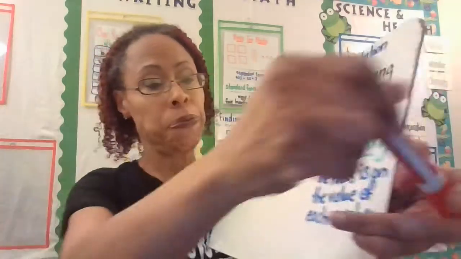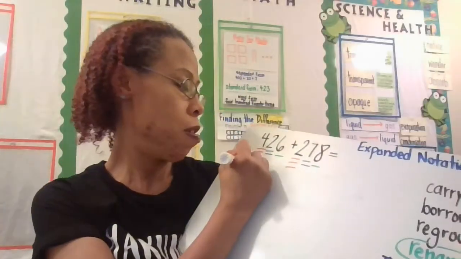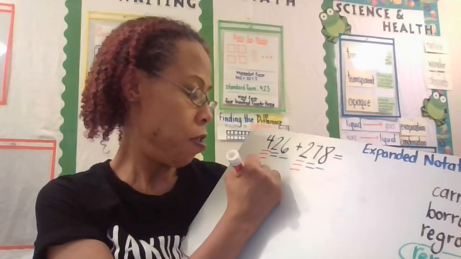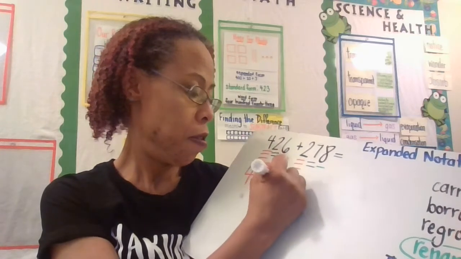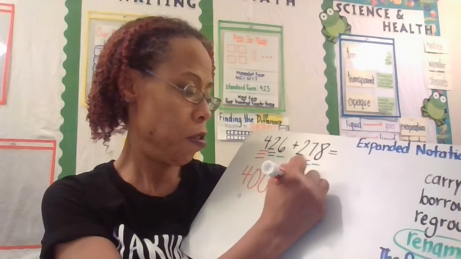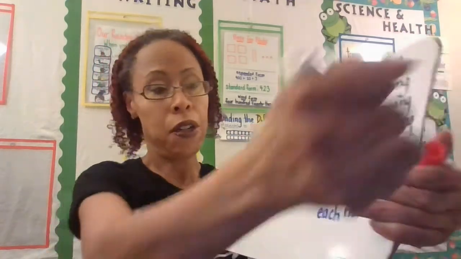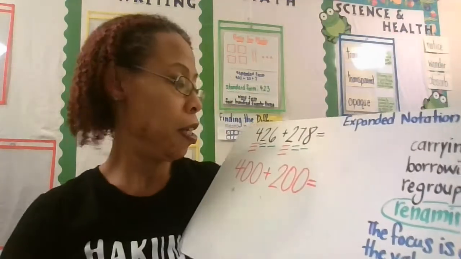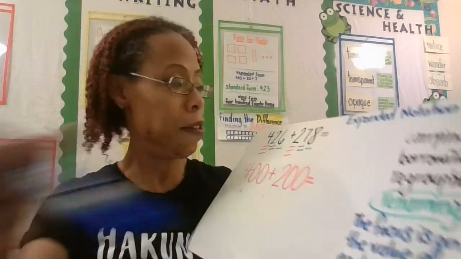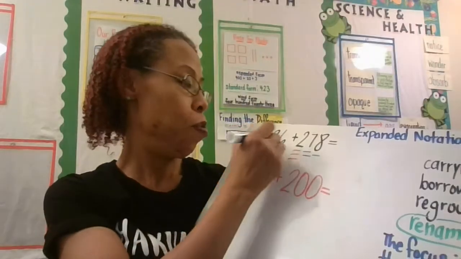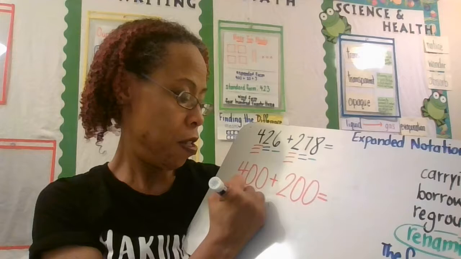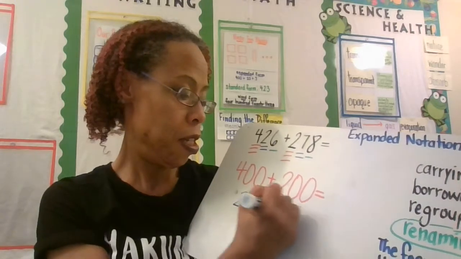400 plus 200 equals. Again, let's wait to solve it until everything is set up. 20 plus 70.